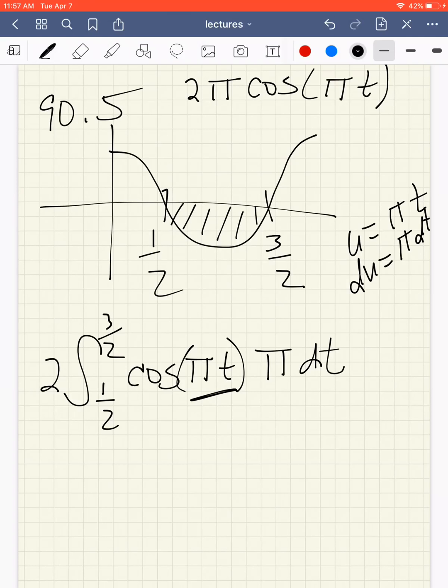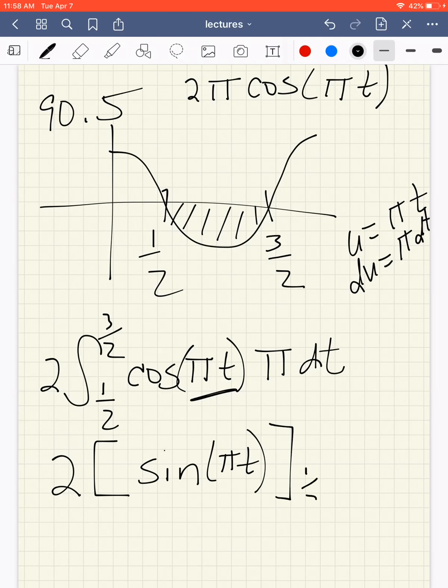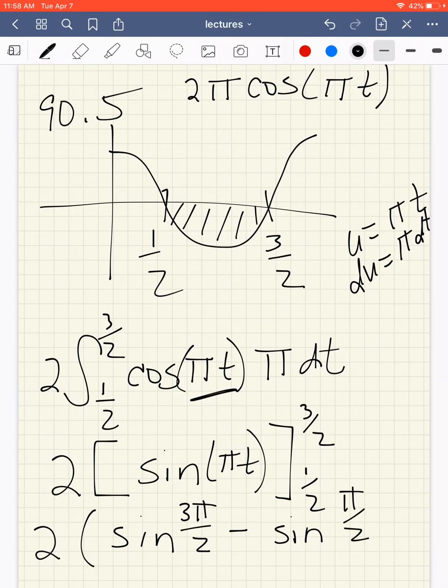So then, what is the integral of cosine? It is sine. So sine of pi t, and then that's going to be evaluated from 1/2 to 3 halves. Okay, so that would be 2 times the sine of 3 pi over 2, and then minus the sine of pi over 2.